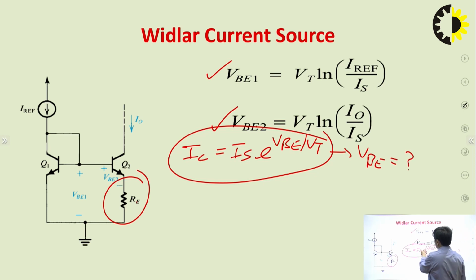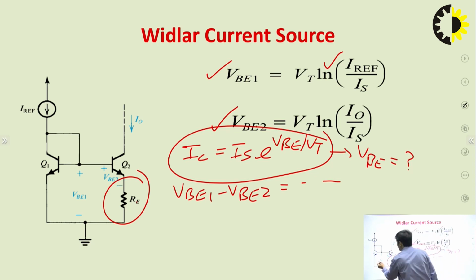Of course there is an exponential term, so we will get this ln term. VB1 and VB2 we have written with the help of the collector current equation, which we have already derived in basic electronics, right? So here we can calculate the value of VB1 minus VB2 simply by subtracting both the equations.